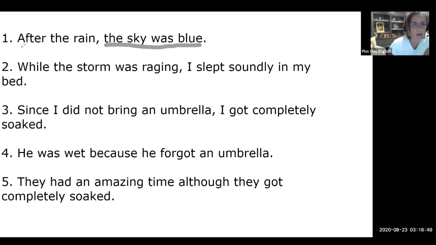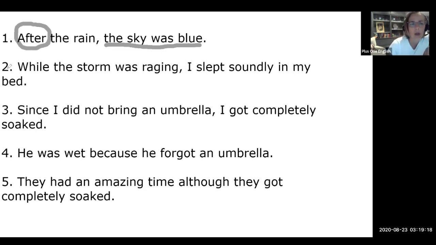So then we have this part of the phrase, after the rain. And we have the subordinating conjunction after. And I think that's an easy one, before and after, we know how to use it. It's a time word. So after the rain is the baby clause. It cannot exist without depending on the independent clause. So the first one's after.